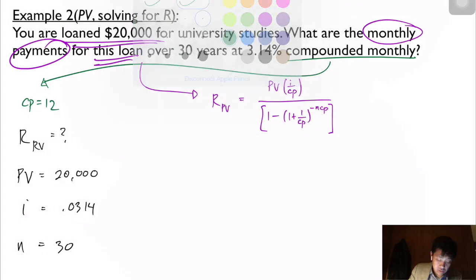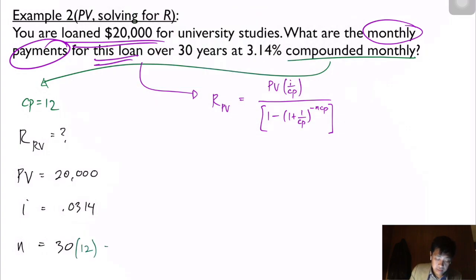However, that's being multiplied by 12 because of the compound monthly, and I'm going to write this number immediately, which is 360. Filling out the formula, you get 20,000, 0.0314.